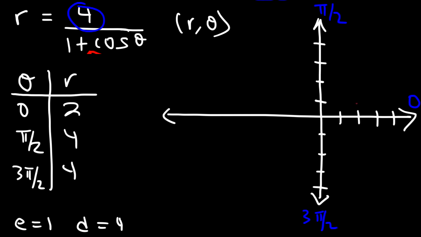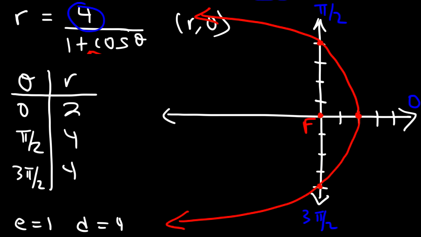So we're going to travel 2 units away from the center along the positive x-axis. Now the next point is at pi over 2 with an r value of 4. And then at 3 pi over 2, the r value is also 4. And here is the focus, and the parabola is going to open in that direction. So that's the general shape of the parabola.